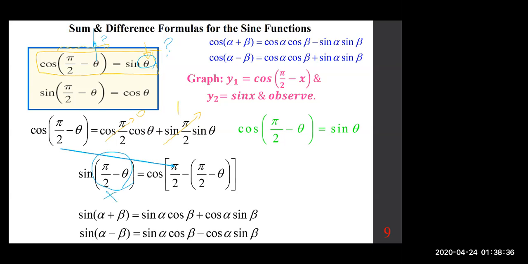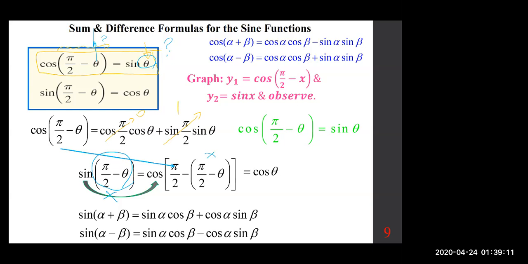Are you with me? Don't think of it as pi over 2 minus theta. Think of it as x. So therefore, this is cosine of pi over 2 minus x. I hope you're following there. And now, pi over 2 minus pi over 2 plus theta, and that is the proof. Again, I think this is extremely simple yet confusing, and understand that, okay?